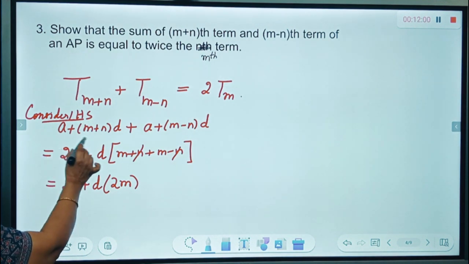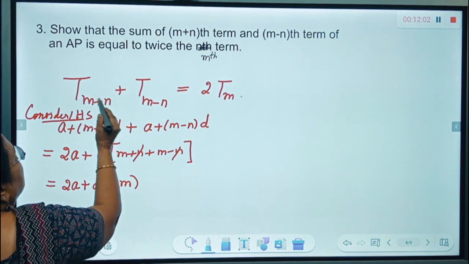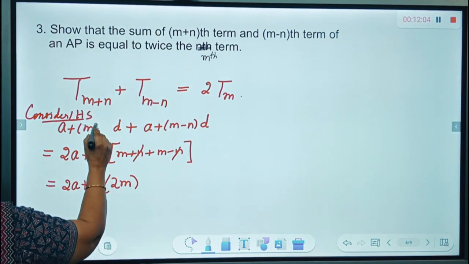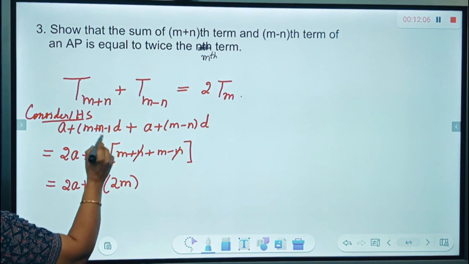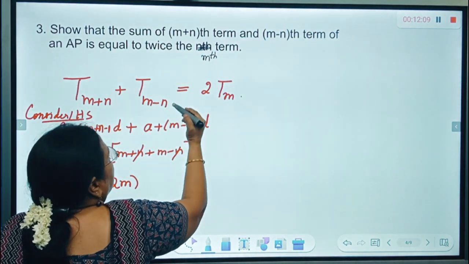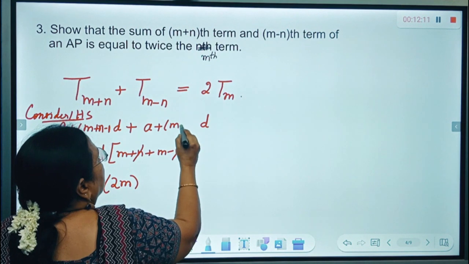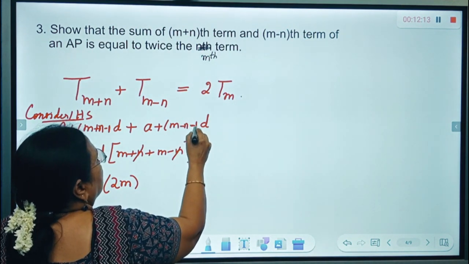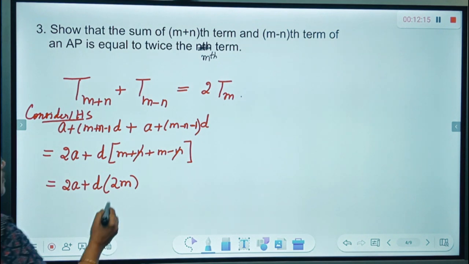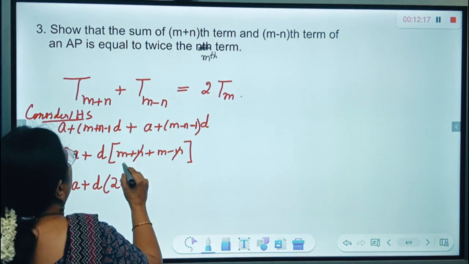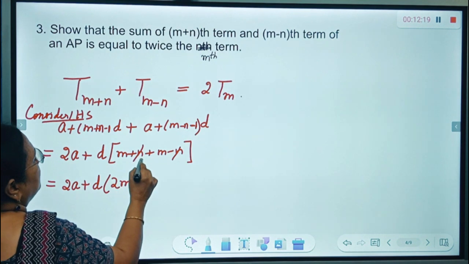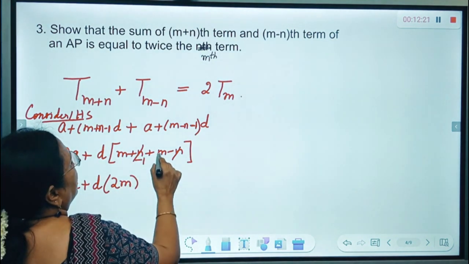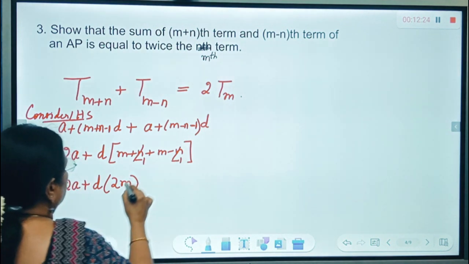So we are looking at m plus n. This is a plus m plus n minus 1 into d, and this is a plus m minus n minus 1 into d. So here when I take out d, I will have m plus n minus 1 plus m minus n minus 1, so minus 2.